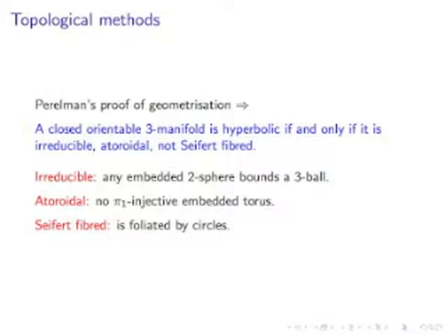So irreducible means that any embedded 2-sphere in the manifold bounds a 3-ball. Atoroidal means that you have no interesting tori, no pi1-injective embedded tori. And Seifert-fibered spaces are a very special class of 3-manifold which have very distinct properties. One way of defining them is that they are manifolds that are foliated by circles. But suffice it to say they're a very special class of manifold which is extremely well understood.